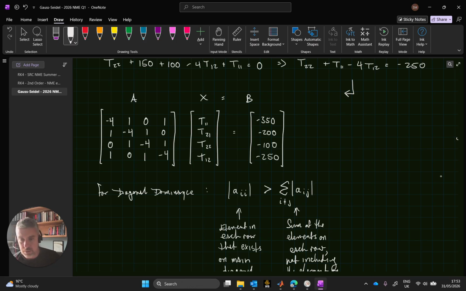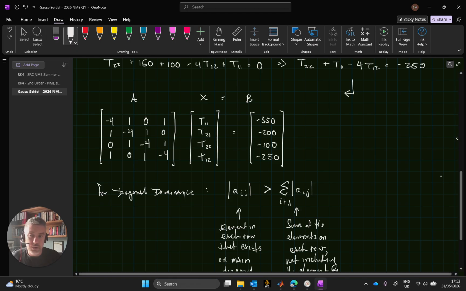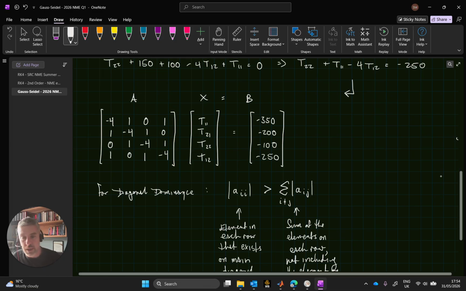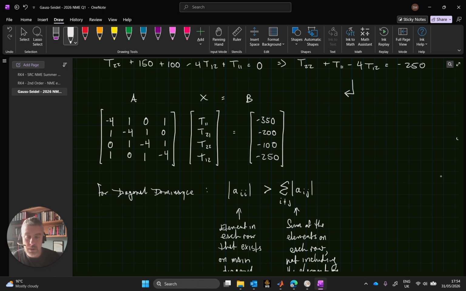Row 3, this third element's on the main diagonal. Row 4, the fourth element's on the main diagonal. So 4 in all cases must be greater than, so the magnitude of -4, which is 4, must be greater than the sum of the magnitudes of the other elements. Sum of the magnitudes of the other elements on the first row is 1 and 1, which is 2. 4 is greater than 2, check. Second row, 1 and 1 is 2.